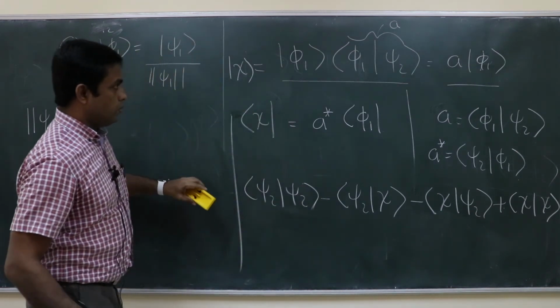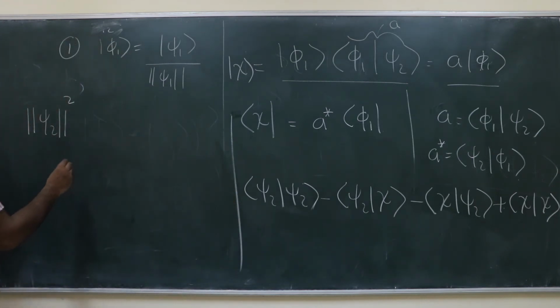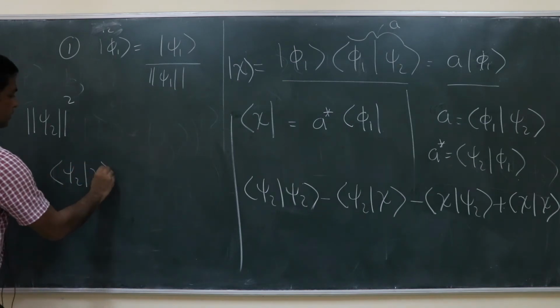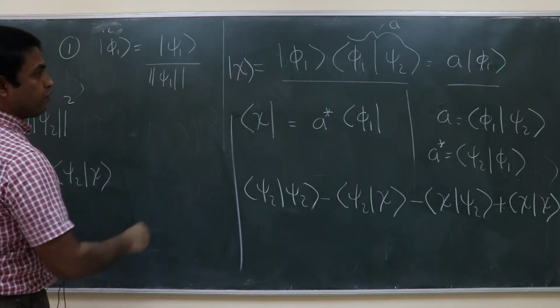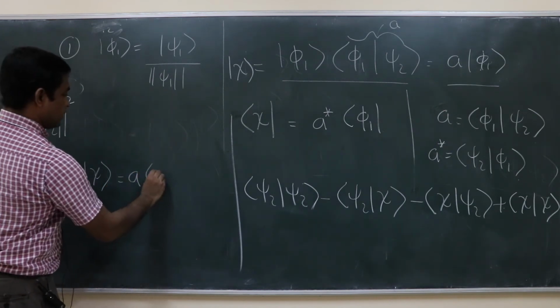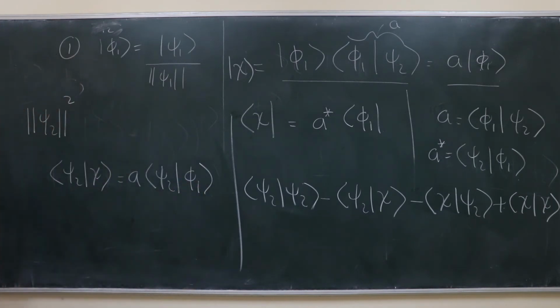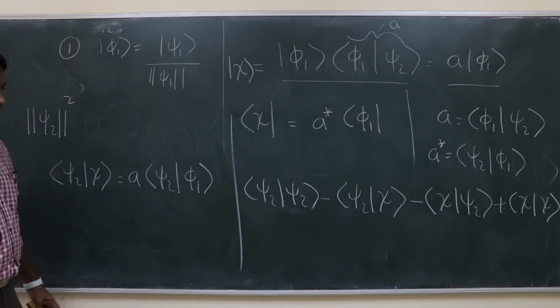So let us calculate that quantity. Bra psi 2 ket chi. Ket chi is nothing but A phi 1. So I get A bra psi 2 phi 1. Fine. So bra psi 2 ket chi is A bra psi 2 ket phi 1.